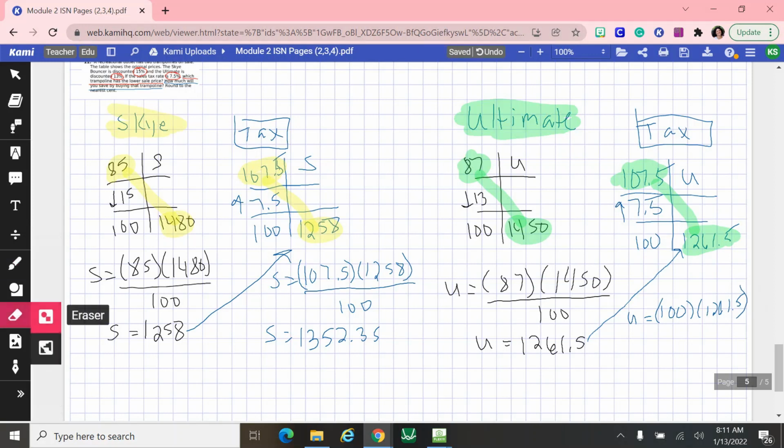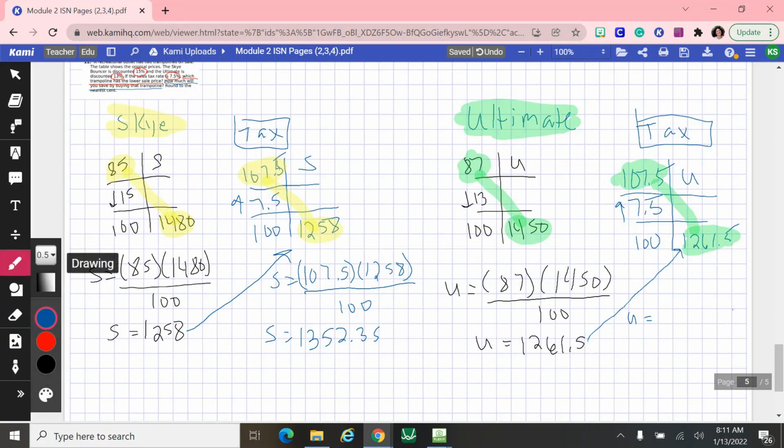Oops, I see that mistake that I made. Do you see what I did? That's why I say use a pencil. One more time, Mrs. Stevens. 107.5 is what I was supposed to write, times 1261.5. Whew, finally. And then we're going to divide by 100.